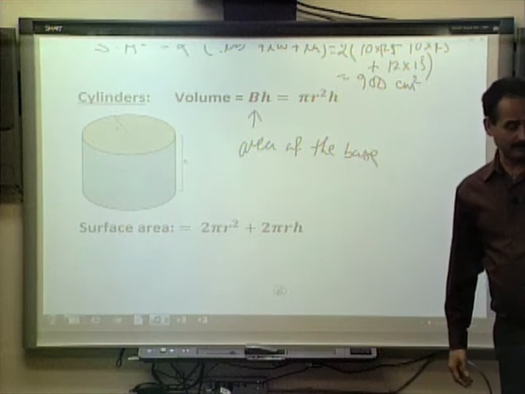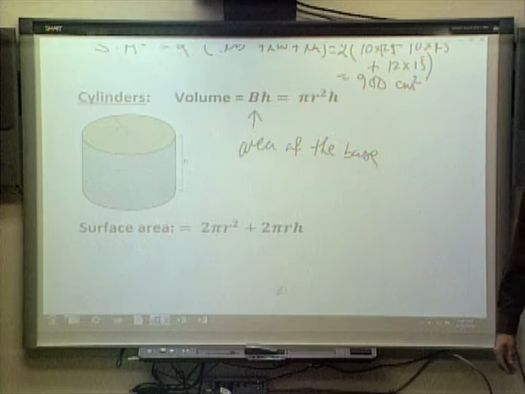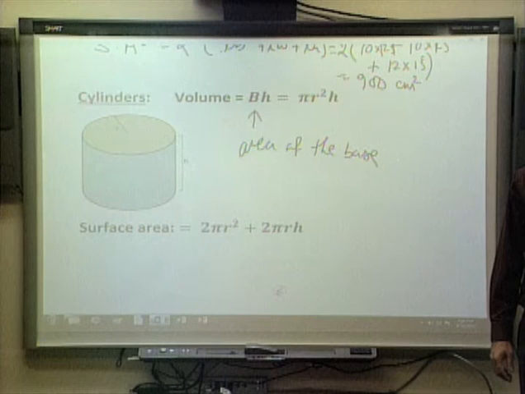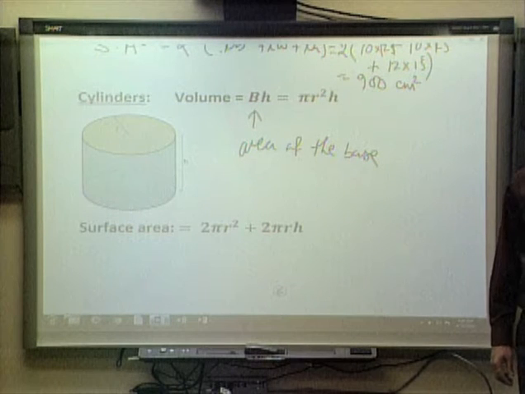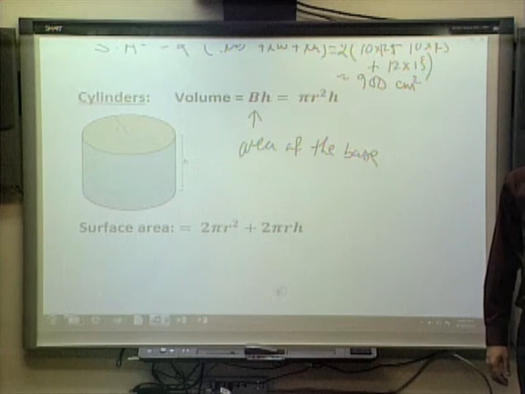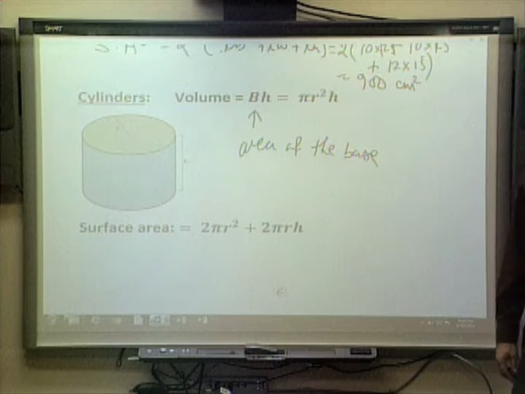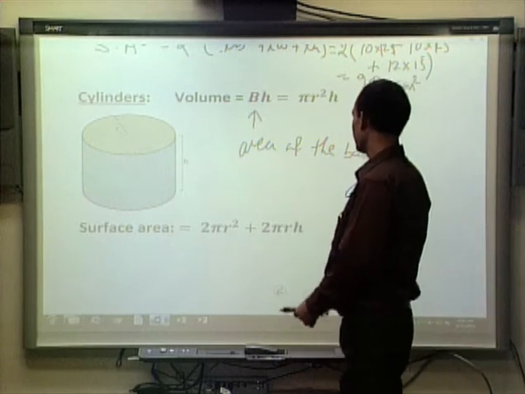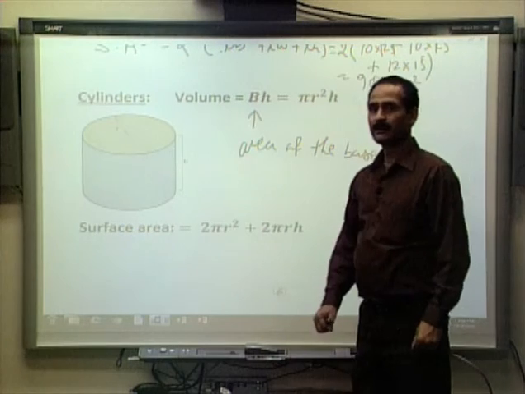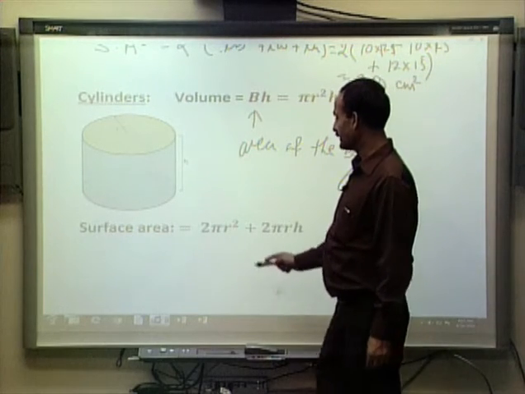So, the volume of the cylinder is given by pi r square H, and the surface area is given by 2 pi r square plus 2 pi r H.